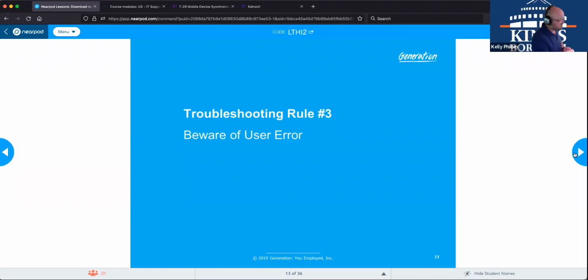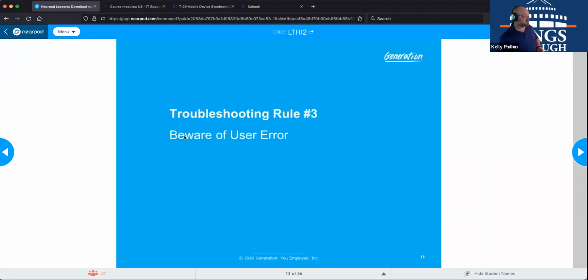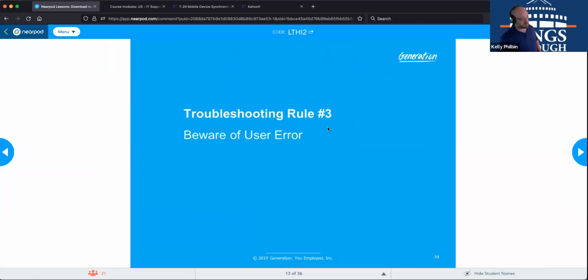Instead of hitting save, they hit delete because it's now been moved down a row, and they're just used to rapidly clicking each space where they believe the menu is. So please beware of user error. That was a rule, not a step. So that was rule 3.